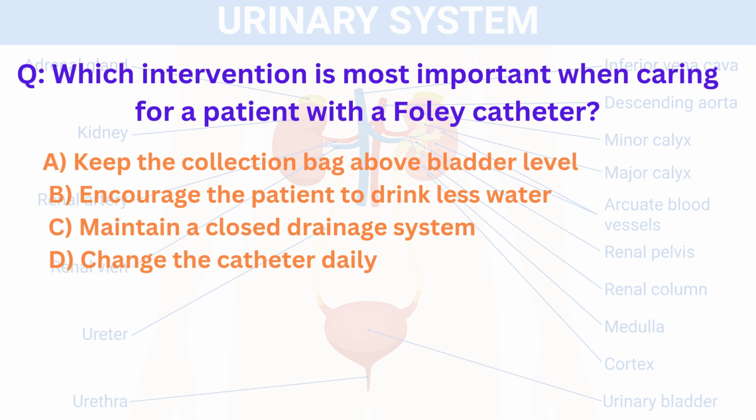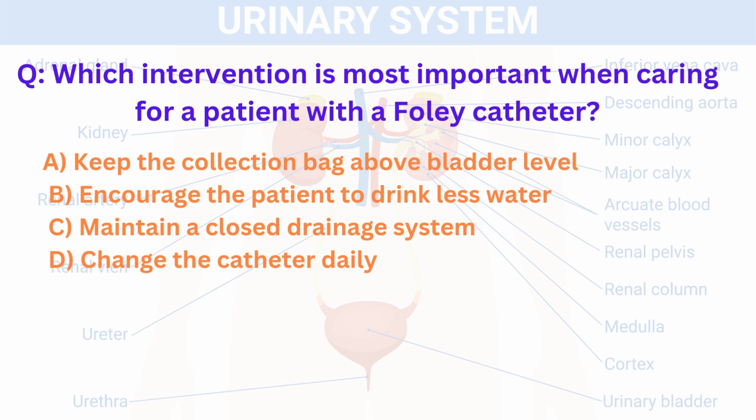Then second option they have given, encourage the patient to drink less water. Reducing fluid intake is not recommended. Adequate hydration is important to prevent infection and maintain kidney function. Then maintain a closed drainage system. Keeping the catheter and drainage system sealed and closed helps prevent the introduction of bacteria and that reduces the risk of urinary tract infections.